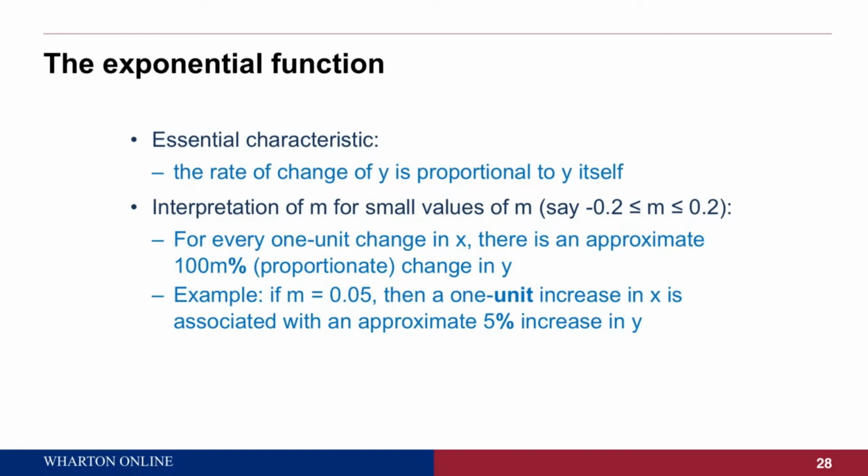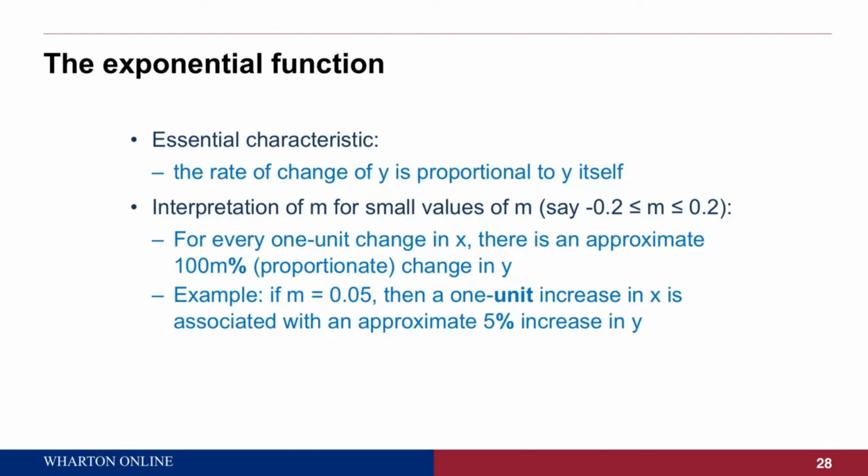And if we go back to the linear function, we were seeing absolute change in x being related to absolute change in y through the constant m. So these different functions that we're looking at are capturing how we're thinking about x and y changing. Are we thinking about them changing in an absolute sense, or are we thinking about them changing in a relative sense?